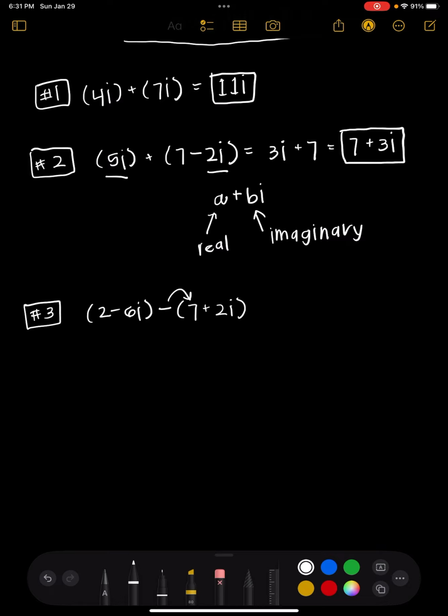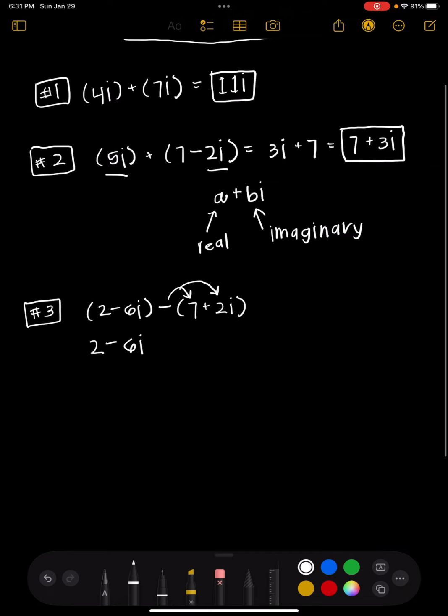So I'm going to distribute the negative sign as if it was a negative 1. I'm multiplying every chunk inside that second set of parentheses by negative 1. So I'm going to have 2 minus 6i, which I didn't multiply by negative 1 because it was on the left side of the negative sign, minus 7 minus 2i, because that negative just flip-flops all the signs. So the 7 started as positive, now it's changed to negative. The 2i starts as positive, now it's changed to negative as well.